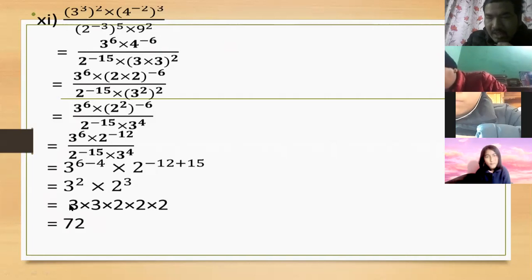In that one it was asked to write the answer in power form. But in this question, it is asking to find the value. When it is asked to find the value, we have to multiply all this, and 3 square means 3 into 3, not write the answer in power.